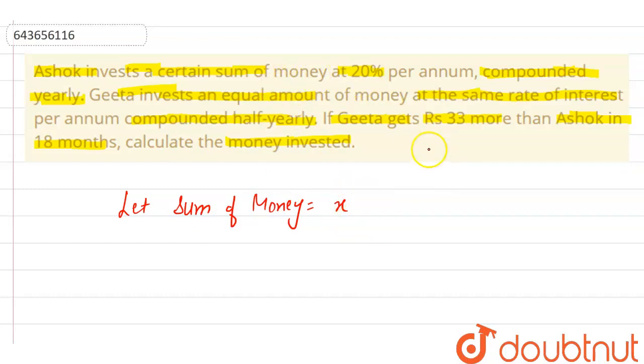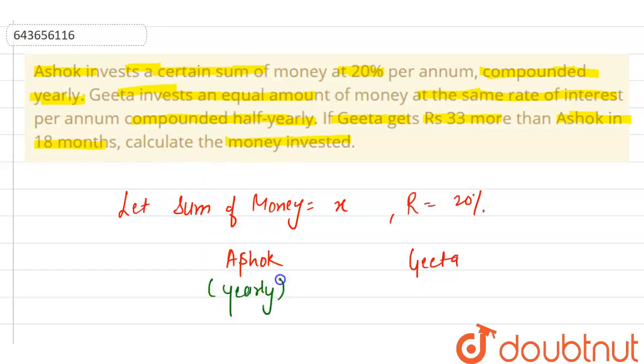Sum of money at 20% per annum. This means the rate R is equal to 20%, compounded yearly. So we have two persons, Ashok and Geeta. Ashok is investing yearly and Geeta is investing half yearly.